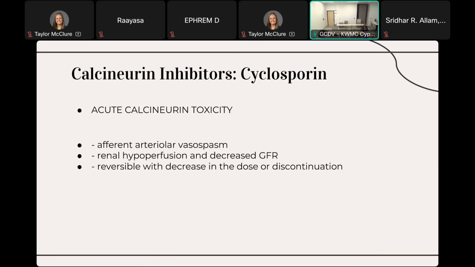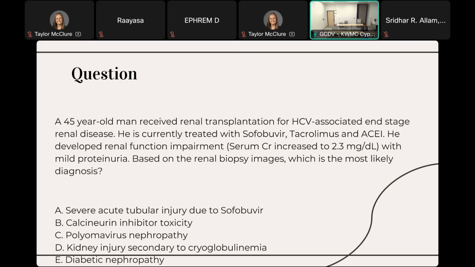Okay, we'll come back. Now, we can go back to the question, because the patient is already on tacrolimus and the ACE inhibitor, with renal dysfunction and biopsy imaging. So the question is, what is the diagnosis? We have tubular injury, because of sofosbuvir, calcineurin, polyoma, or cryoglobulinemia.